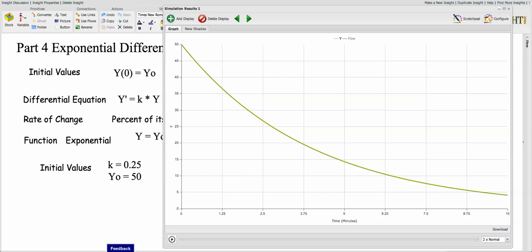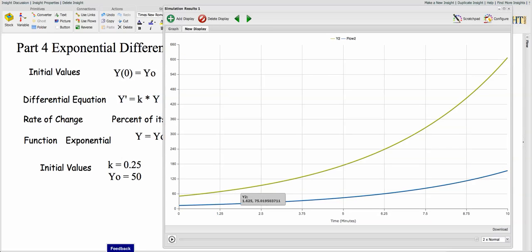So the flow is this blue line here. And this is y. So that's when the flow is going out of y, so there's an exponential decay.